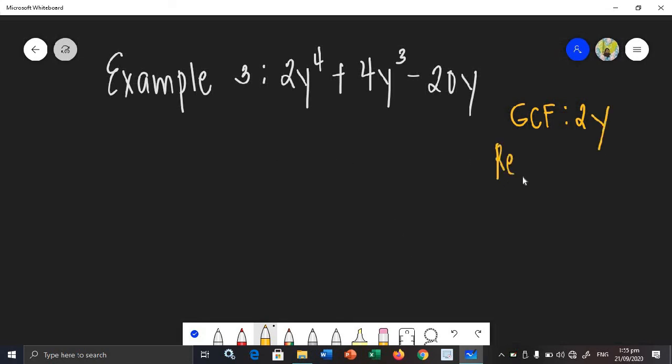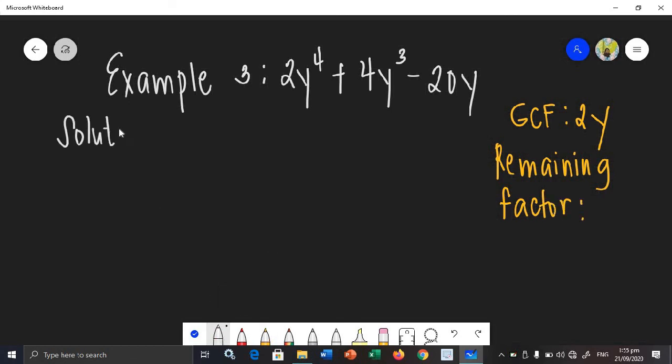We will be looking for now for the remaining factor. No? So I'm going to write the solution here. And we need to divide the whole expression by the GCF para makuha natin yung remaining factor.